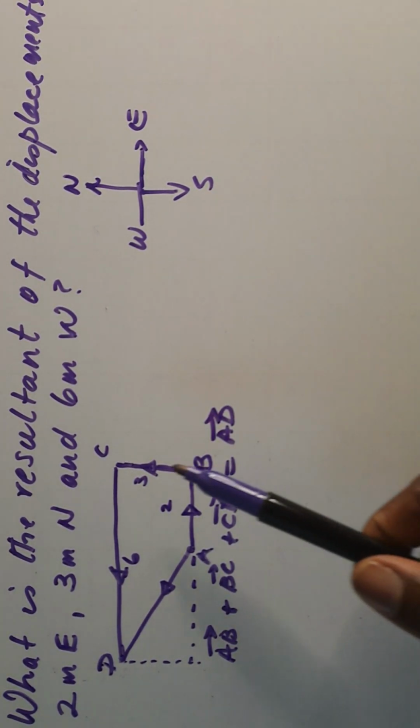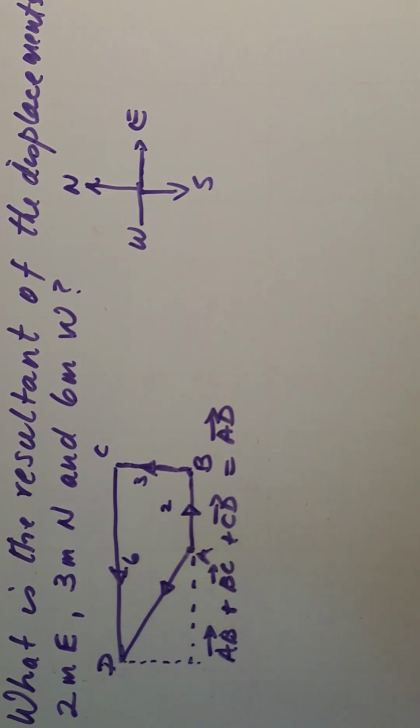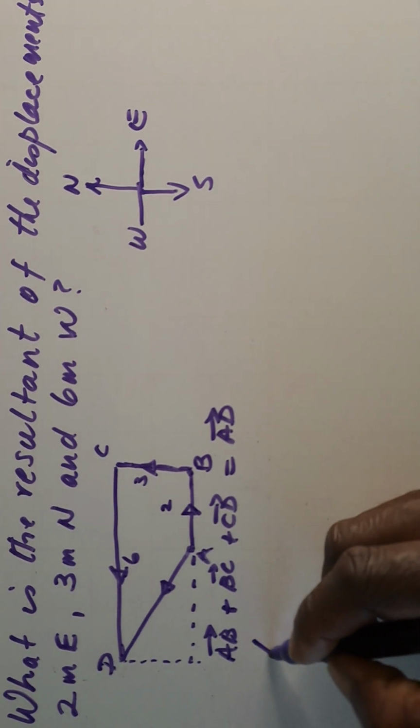So these go in anti-clockwise, and AD is going in the clockwise direction, which is the resultant of AB add BC add CD.